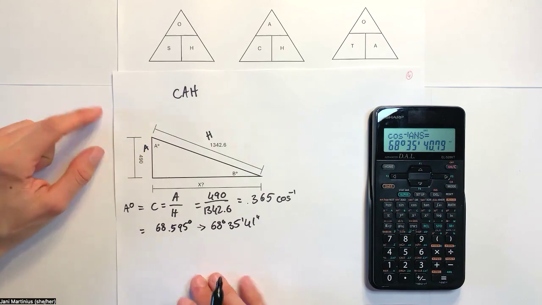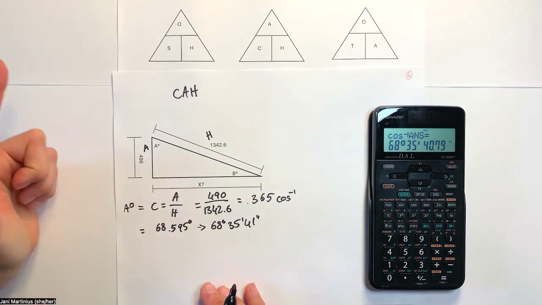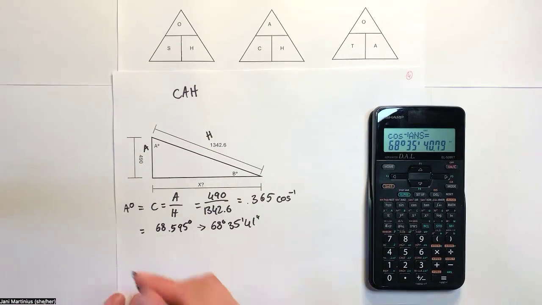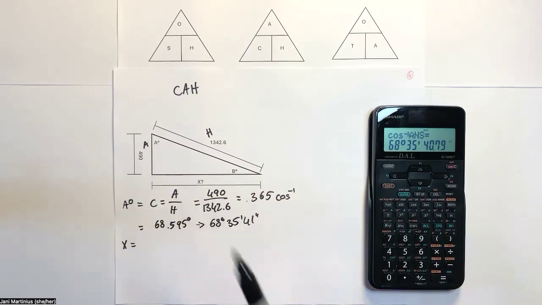Now, could we figure out the side X? Yeah, right? We could do Pythagorean again. So hypotenuse C squared minus B squared equals A squared.